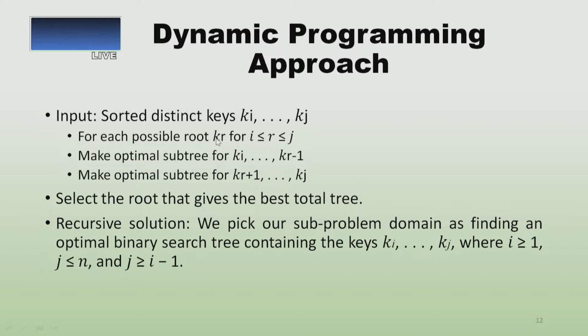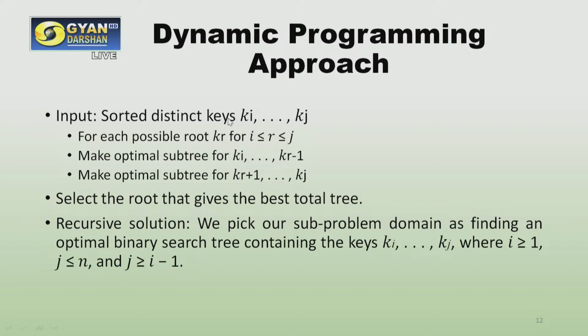For each possible root Kr, where the value of r is between i and j, you will make optimal subtrees for Ki till r minus 1 and Kr plus 1 till Kj.